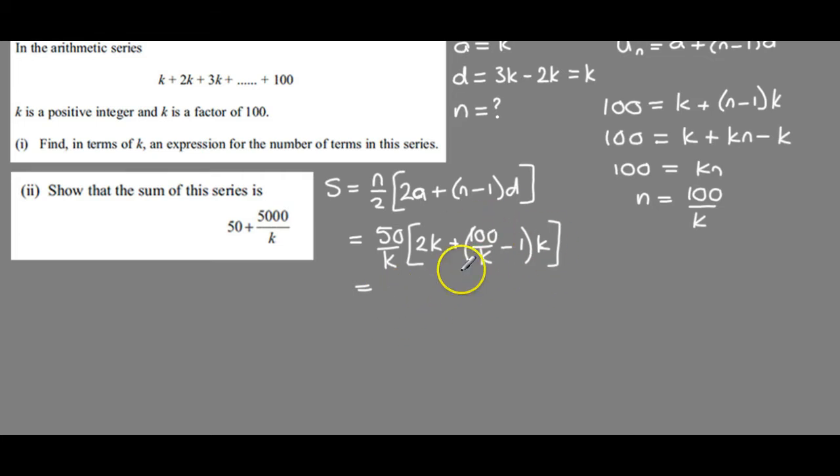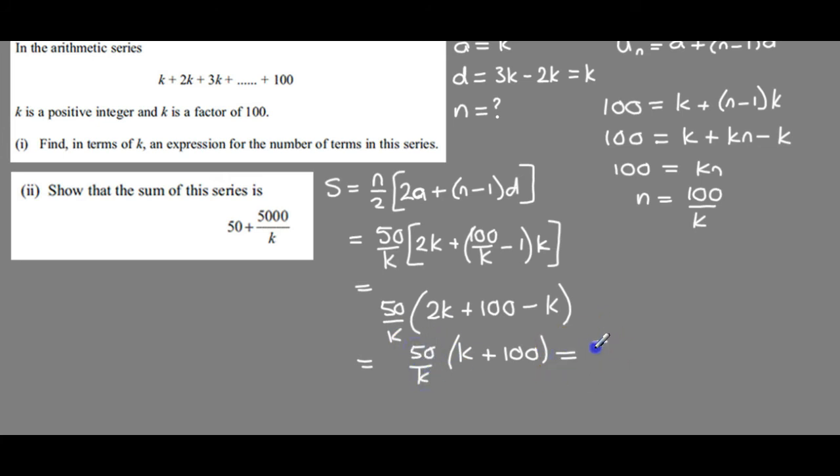Multiplying out these brackets first, you'll end up with 100, because the k's will cancel, multiplied by k, and we're going to add 2k to that and times it by 50 over k, which will give us k plus 100 in the bracket. And once we multiply that by 50 over k, we end up with 50 plus 5,000 over k, which is what we're asked to show.